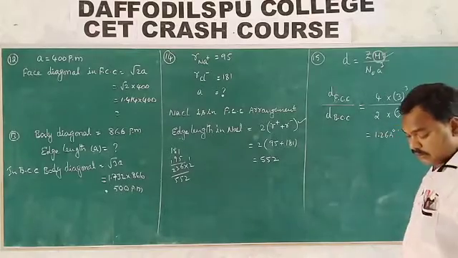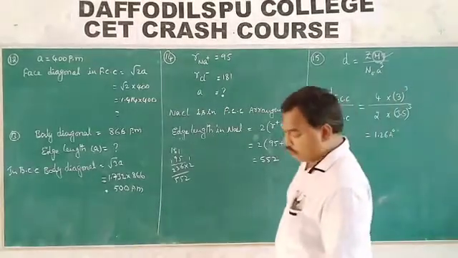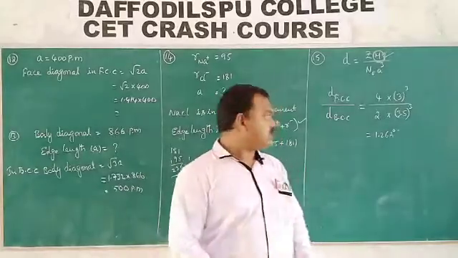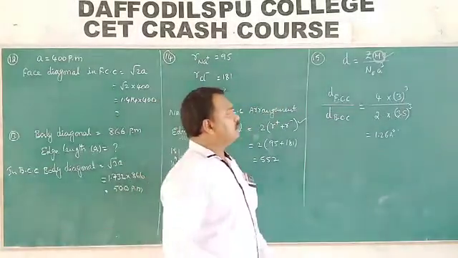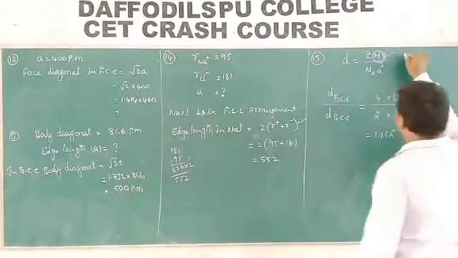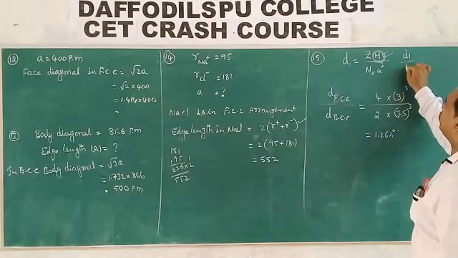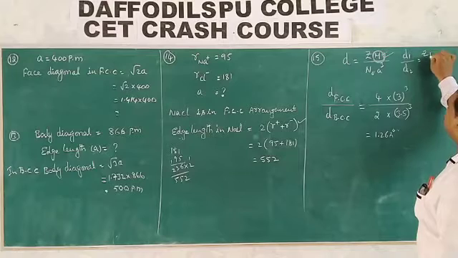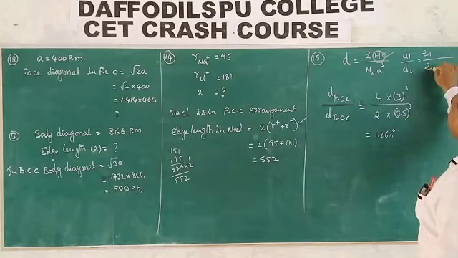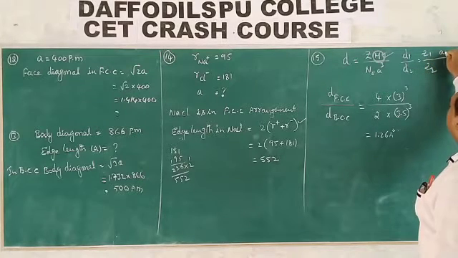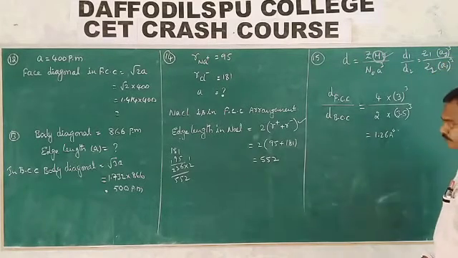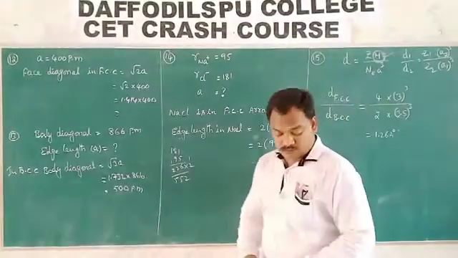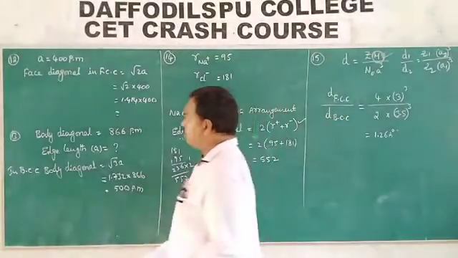So this is the answer. The ratio of density of FCC to BCC is this. Otherwise, you will write like this: d1 by d2 is equal to z1 by z2 into a2 whole cube by a1 whole cube. So this is problem number 15.